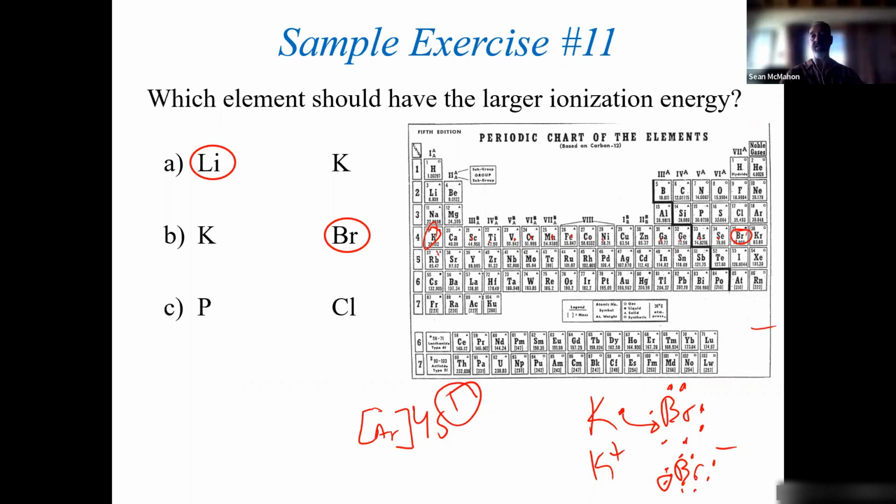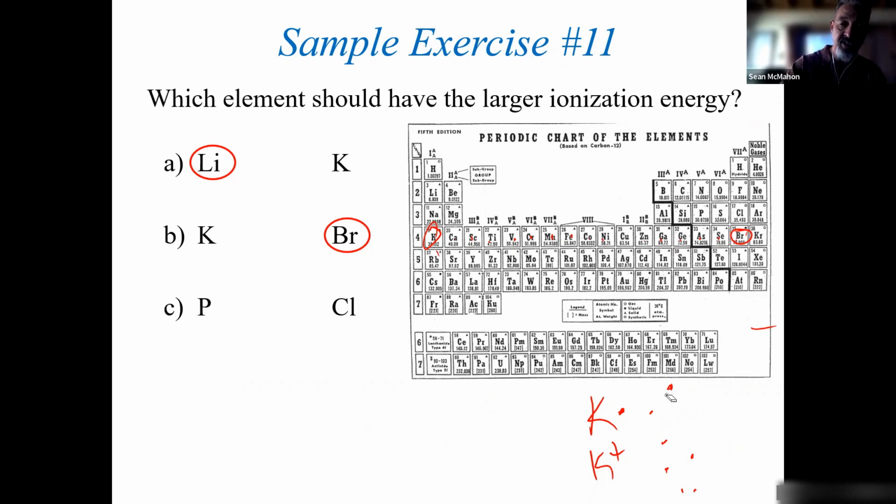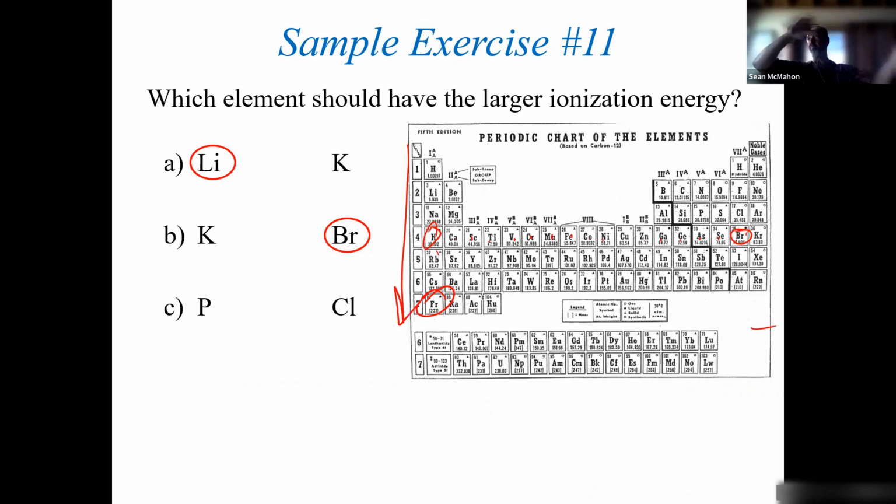Potassium has a low ionization energy. Basically, which has the lowest ionization energy? Francium. Why? The electron shell's really far and there's not a lot of protons for that shell. So this has the lowest ionization energy.